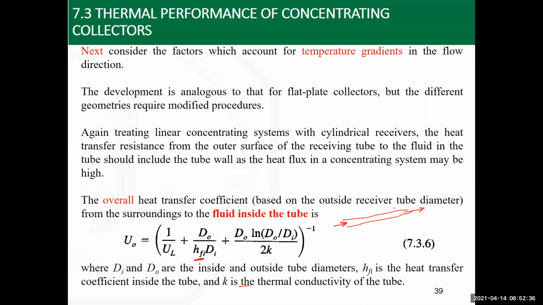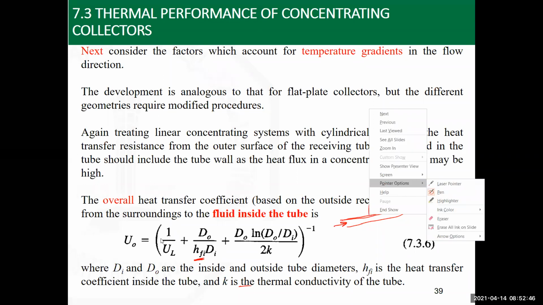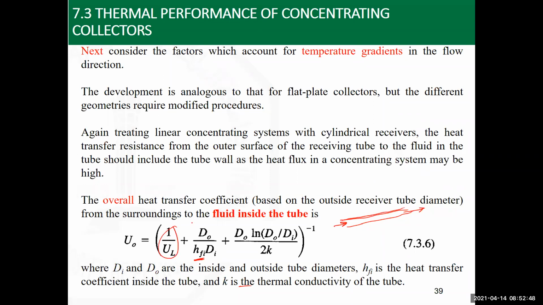Then this absorber has a certain thickness, so there are conduction losses across the thickness. After this, from the outer surface of the receiver to the outside, we have the loss coefficient that we calculated in our previous example. So now we are going to build on what we have done previously today, to come up with the overall loss coefficient for the whole system, so that we can bring the fluid temperature into the picture.